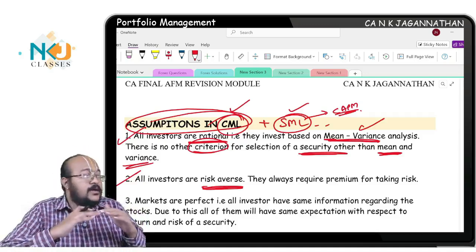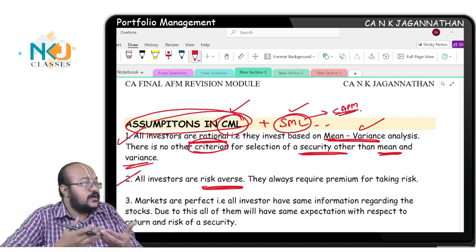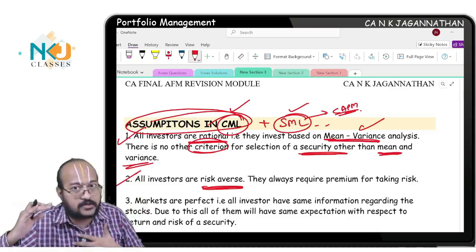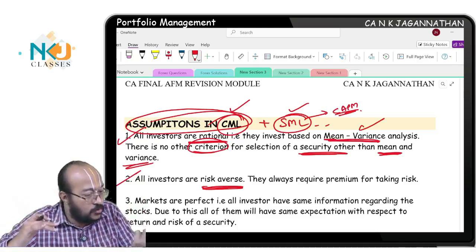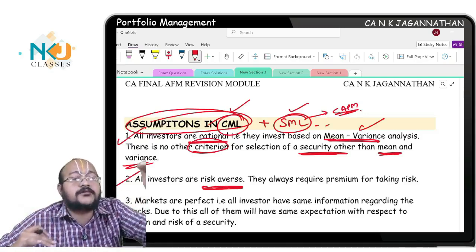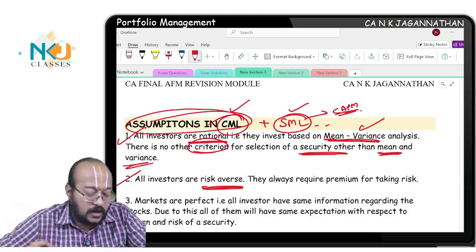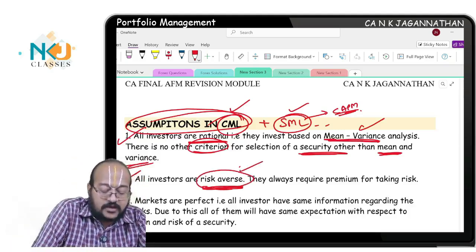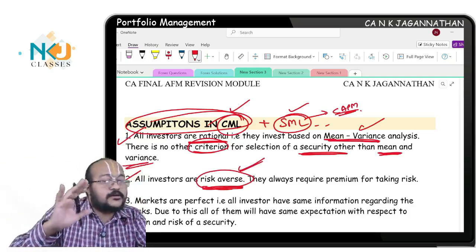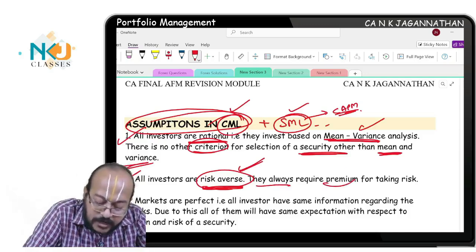An investor will only take higher risk if he is adequately compensated for it. If you want to lure this risk averse investor to take additional risk, you have to compensate him by paying additional return. They generally don't take risk unless a substantial return is offered, so they always require a premium for taking risk.